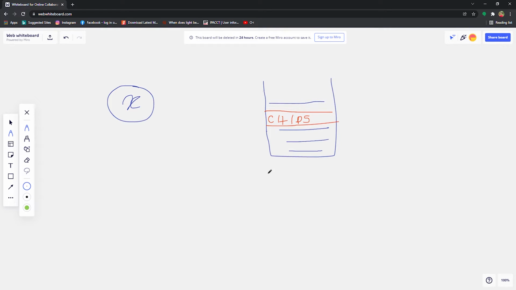She has named this container as chips. Like that only we name our variables with some names. Like I have named it x.